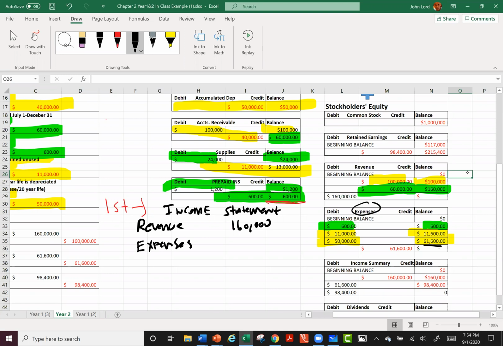Okay. Good. Revenue minus expenses. We report that on the income statement because revenue minus expenses is, let me write net income in here, right? So that's what, 98,400 or something stupid like that?